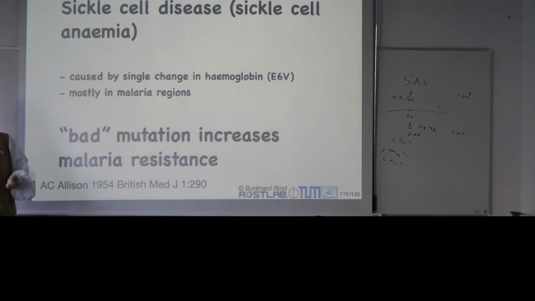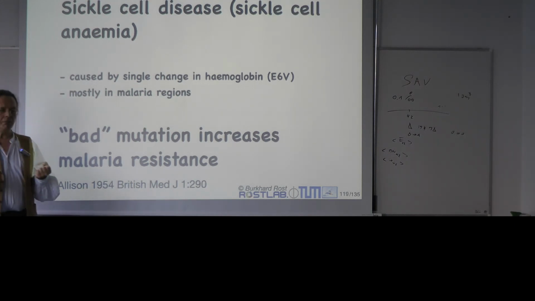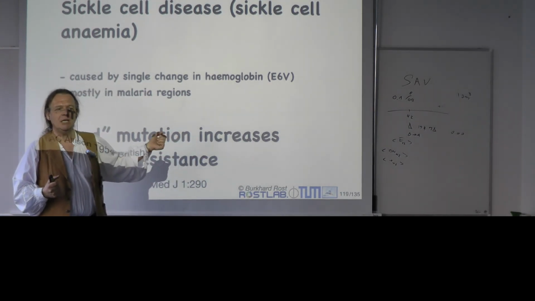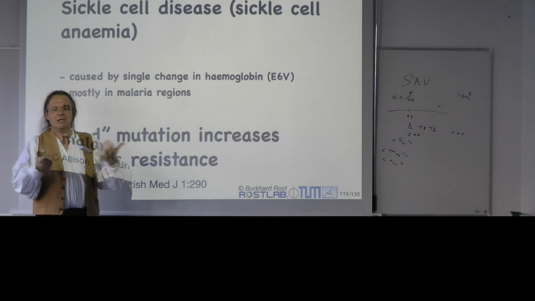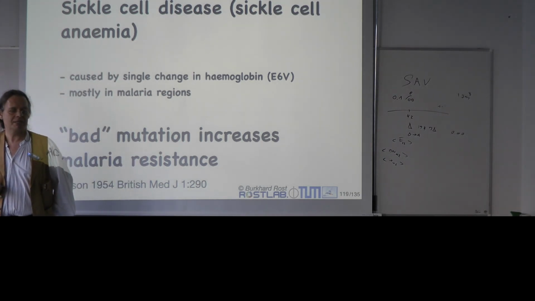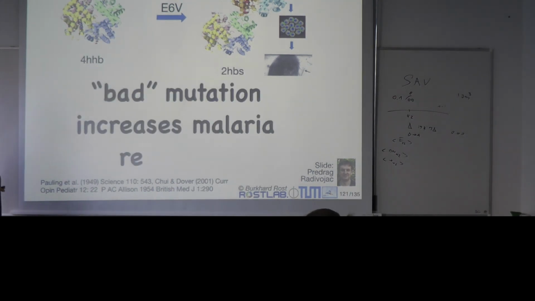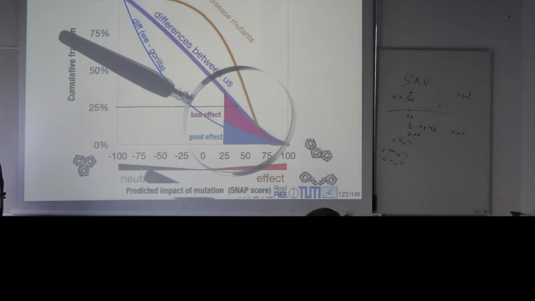It's the same variant, a single amino acid change that causes two things, more resistance against malaria and sickle cell anemia. One is bad, one is good. And maybe some of these variants that we actually have in the population really are there because they could help in some circumstances. Anyway, that is the malaria story.